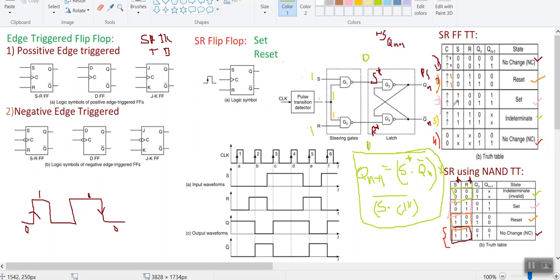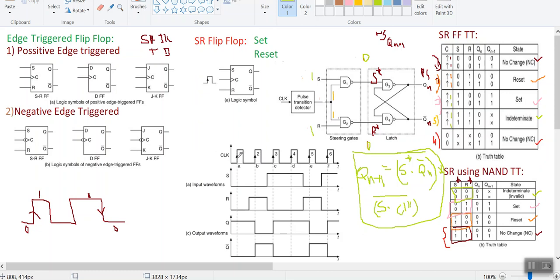Along with this you can consider that my clock is 1 here and clock is 0 there. Now we can also explain this clocked SR flip flop with respect to the waveform. Here I am representing my clock signal as positive edge triggering.